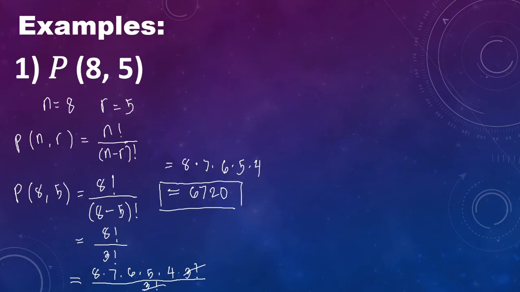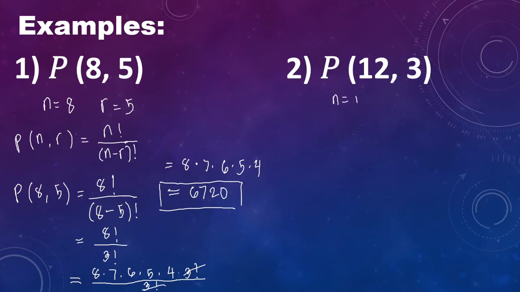Okay, let's have another example, number 2. Okay, so permutation of 12 taken 3 at a time. Okay, so yung n natin dito ay 12 at yung ating r is 3. And then, gamitin ulit natin yung ating formula. So, yung n, papalitan natin ng 12.